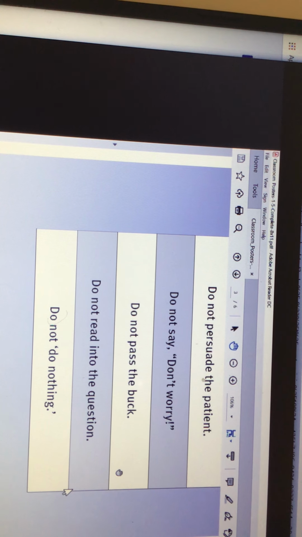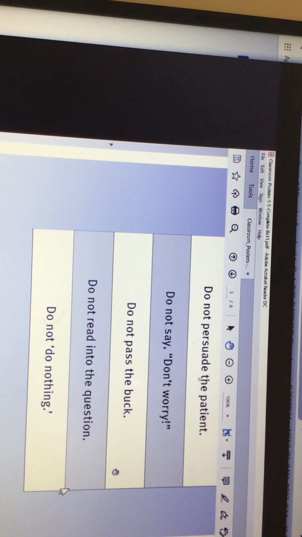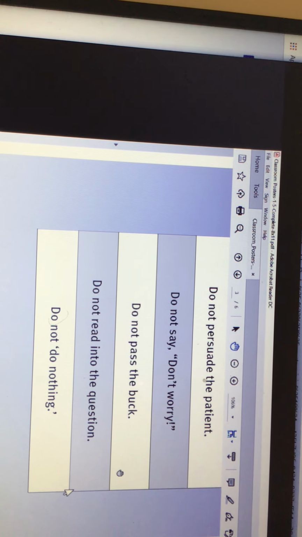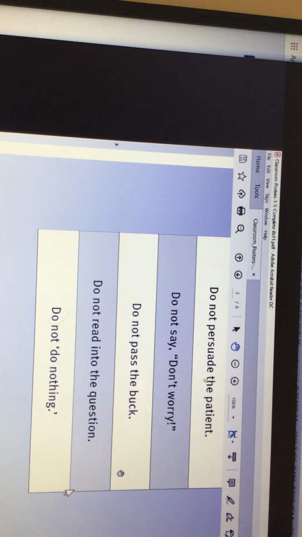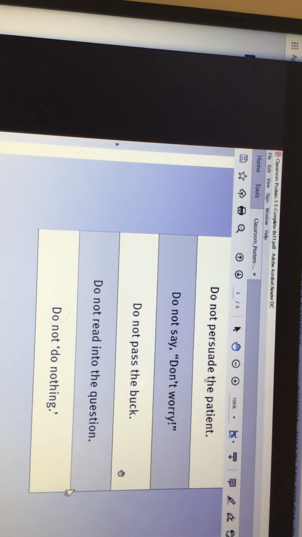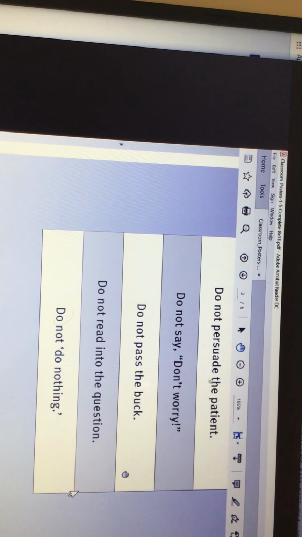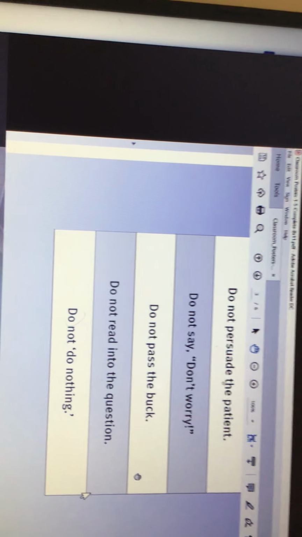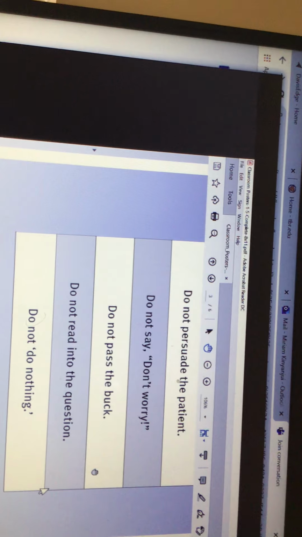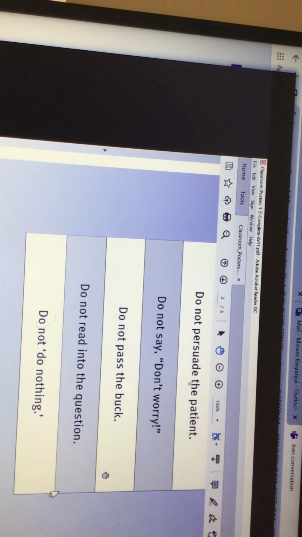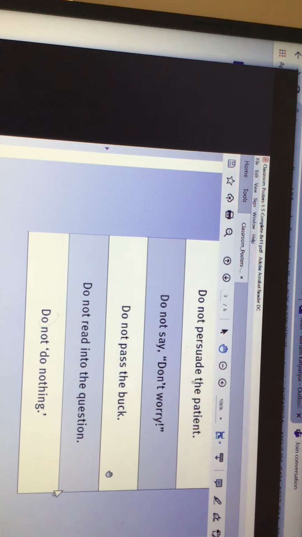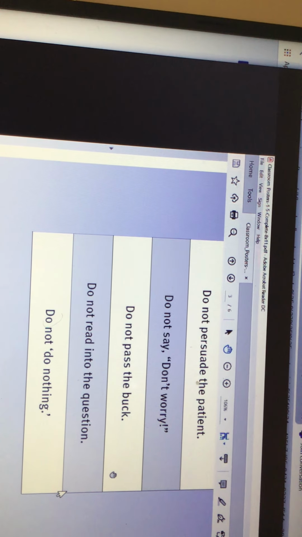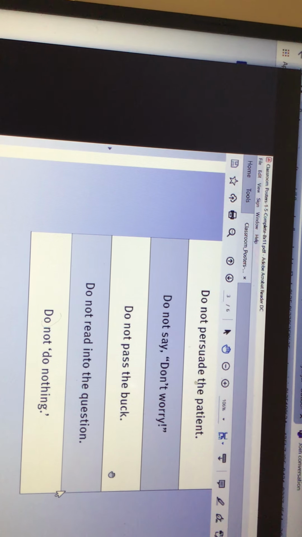Because if there is something you can do, that's what you're going to do first. That will be your answer choice. So if you can sit them up in bed and make sure their clothing isn't restricting, then go call the doctor or have someone go call the doctor. That's what that means. You don't pass the buck when there's something you can do as the nurse.